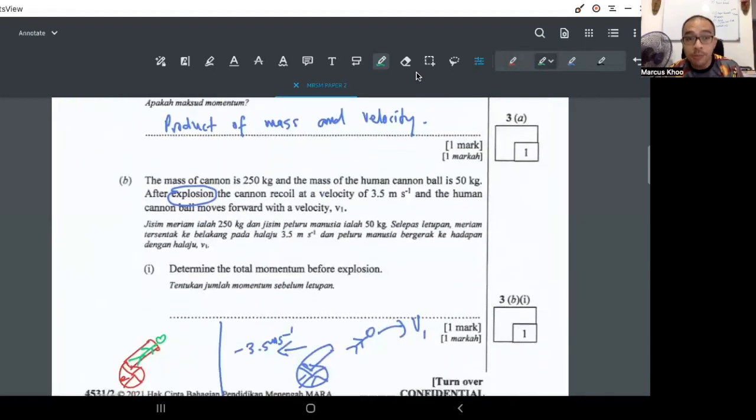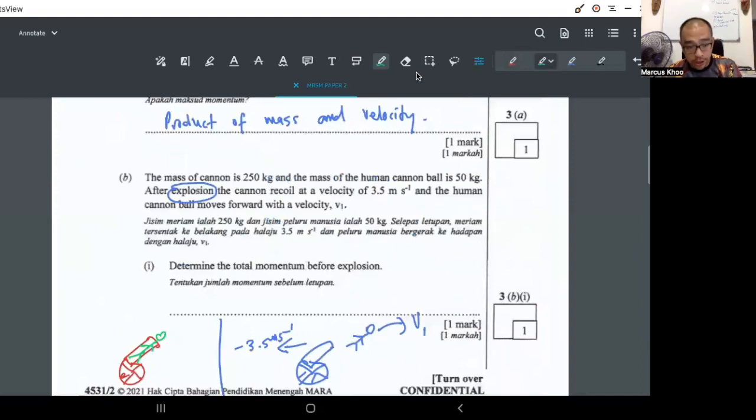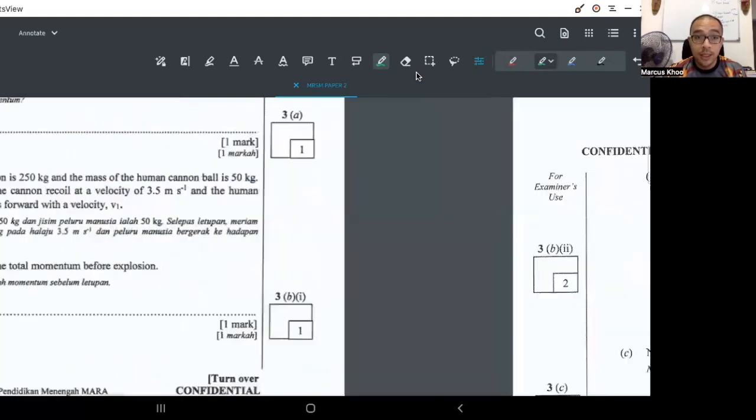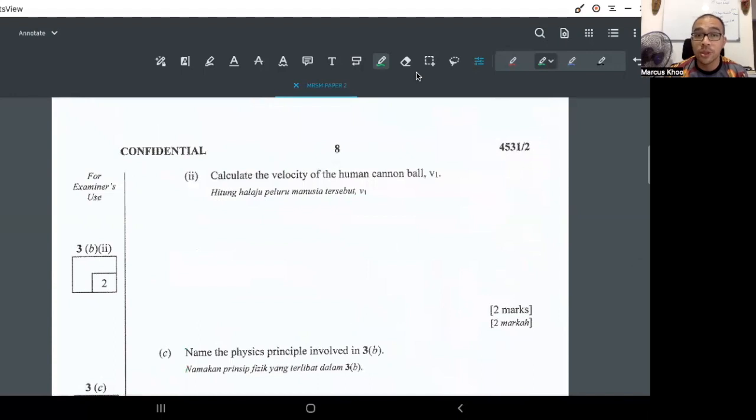So the total momentum before the explosion would be 0. Then after it'll be the one in blue. So naturally, the next question will be to calculate the velocity of the human cannonball. So before the explosion it is 0.